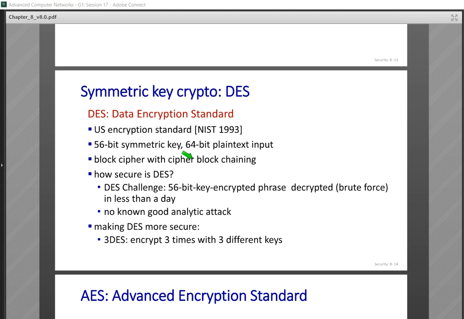Why? What is the problem with this? The problem is that the DES uses small keys. Here we said that the symmetry key is a 56-bit key.